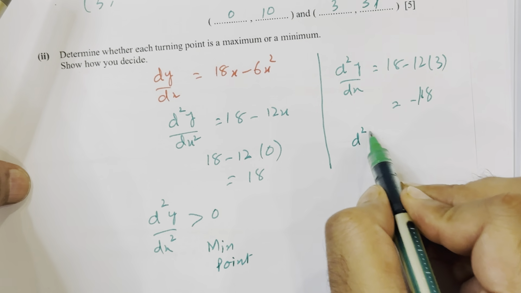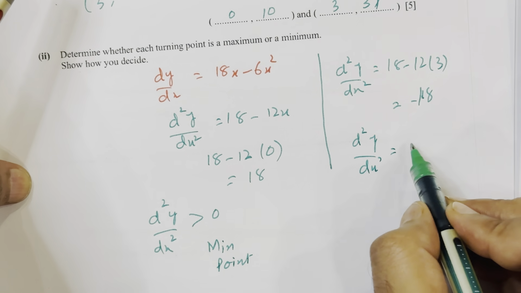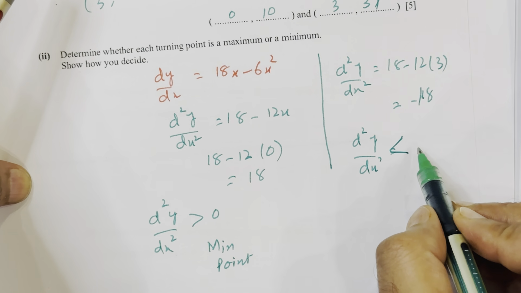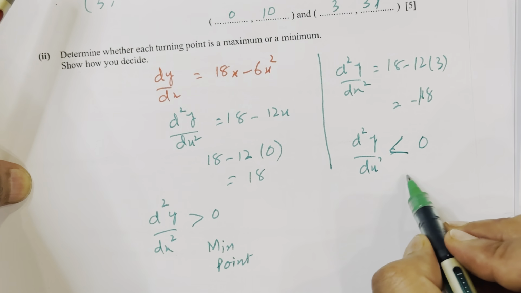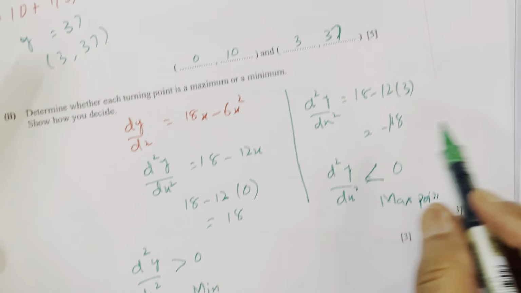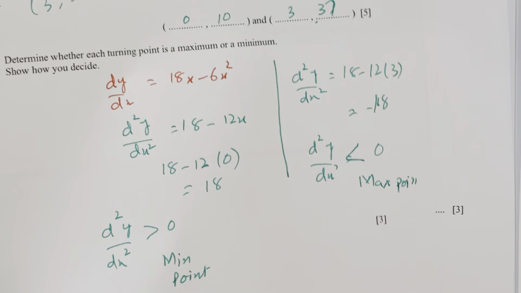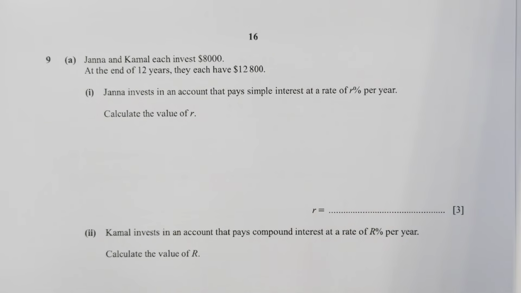And when d2y by dx squared is less than 0, it means it is a maximum point. So this would be the maximum point and this would be the minimum point. So this is how we have decided. You have to show it.